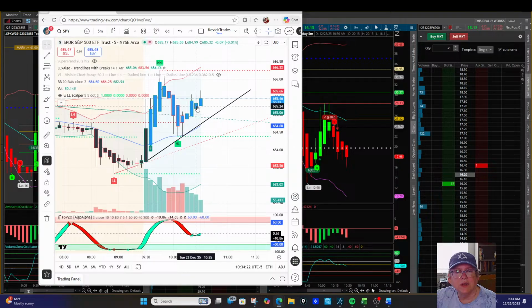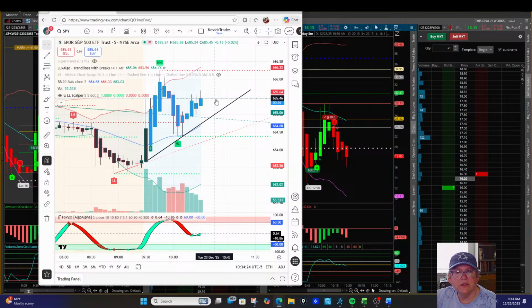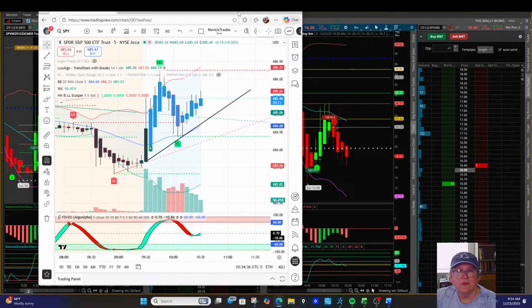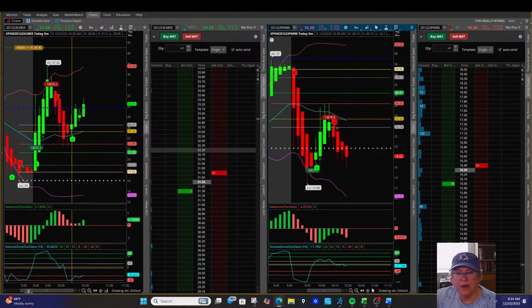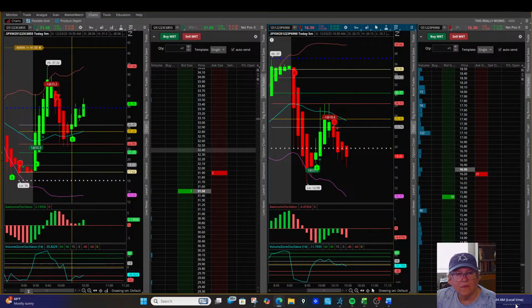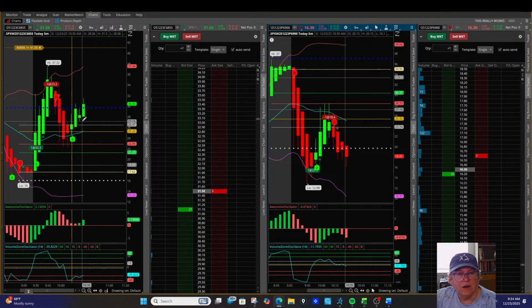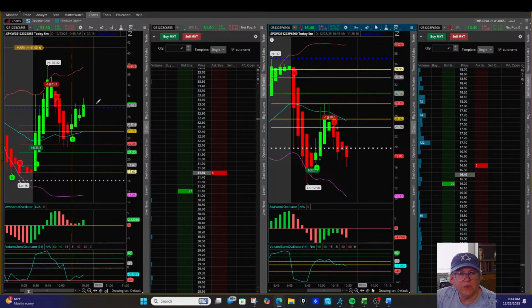So this is the trend line. Now when this candle goes up, if it bounces and goes up, that's great. If it goes below this trend line, that's an indication to sell. So I'm going to have this one ready to bring up at any minute. But here we can see that the calls is continuing to go up.